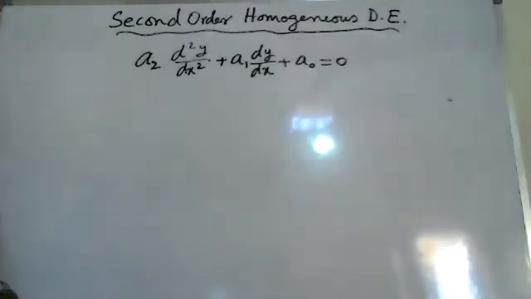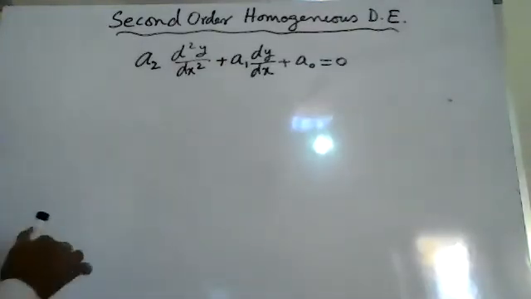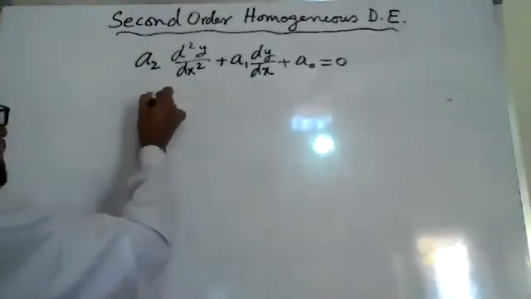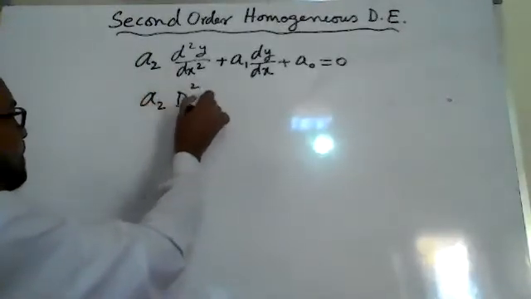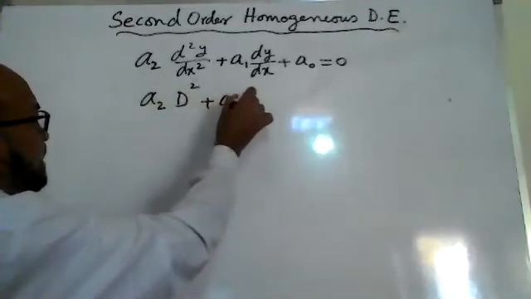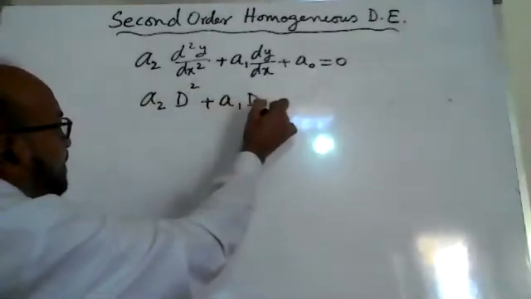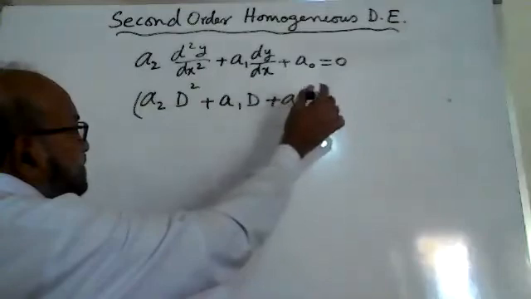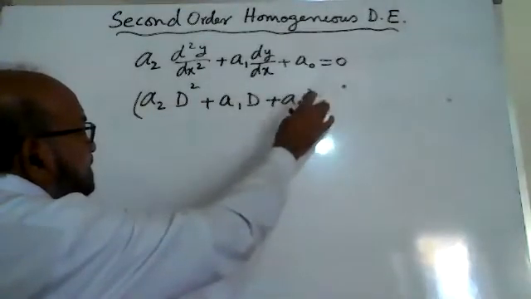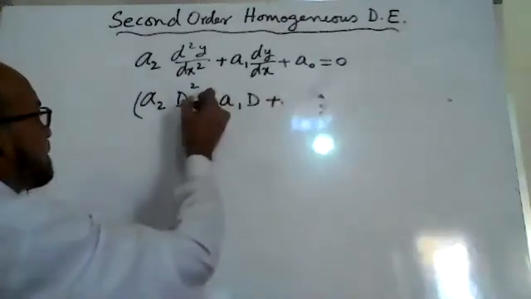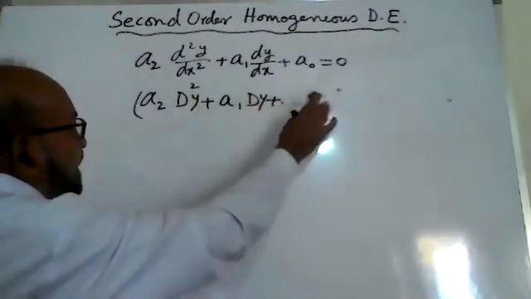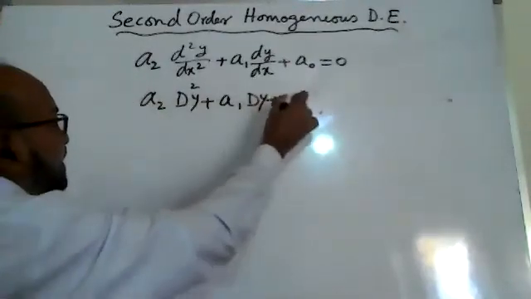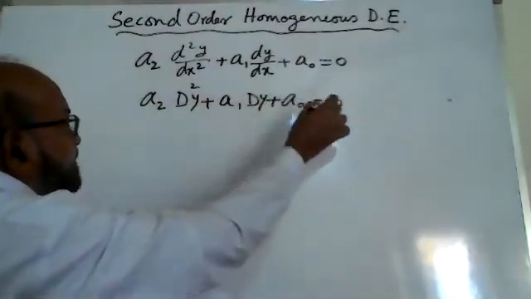How to solve them? First of all, we will convert the derivative into the operator D, the capital D. It will become A2 D2 plus A1 D plus A naught into Y equal to 0.